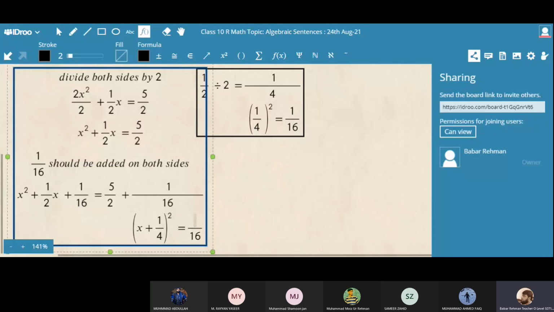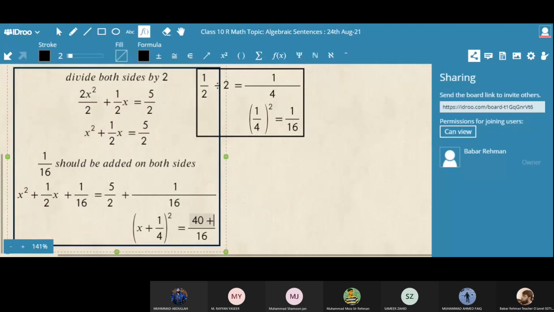What comes in numerator? Yes, Ahmed Faik. Sir, Muizur Rahman, 32. Shamun Jan, 32. How does 32 come, sir? 2 eights are 16, 5 times 8 is 40. And right.